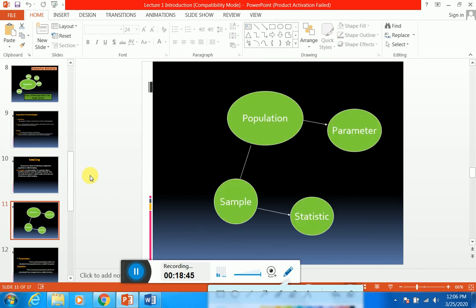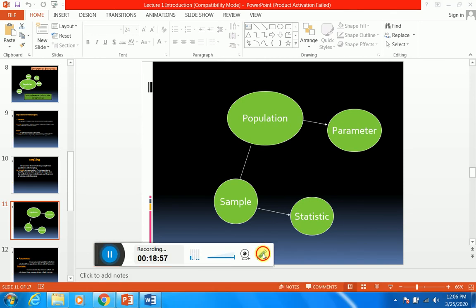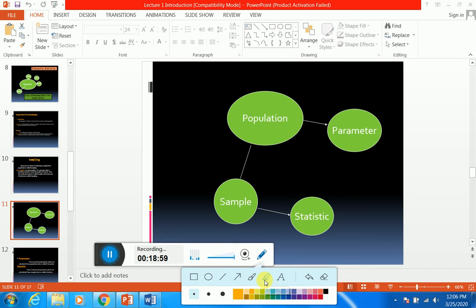Now we will move to the next terminology, which is population parameter and sample statistics. The first very important thing: remember always in your class that population starts with P and parameter also starts with P. So parameter is connected to population, just remember P and P, they are connected.